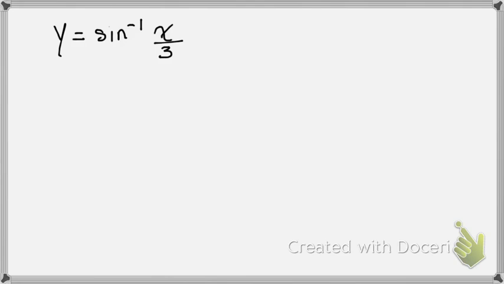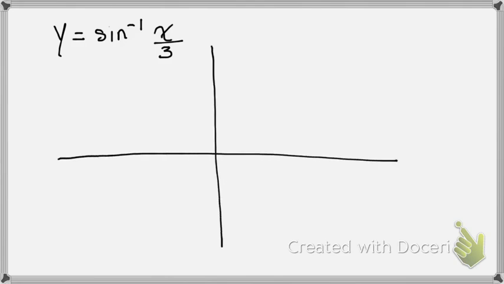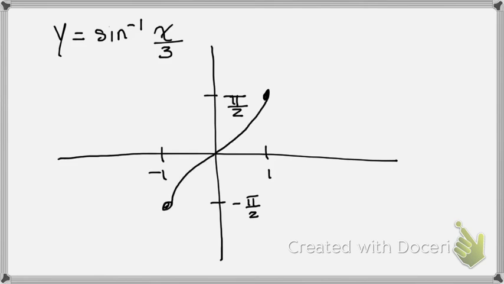We're just going to do this as a transformation now. So let's look at our original. Our original was going to be from negative 1 to 1, and then from pi over 2 to negative pi over 2. And we have these points here, right? This point and this point, and it comes down like that.